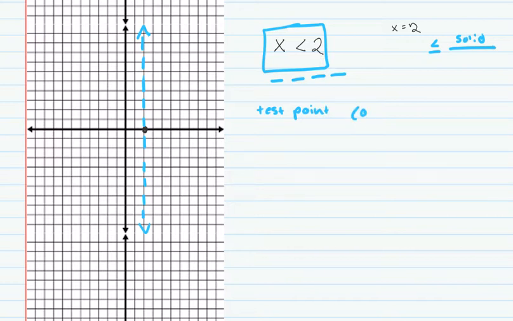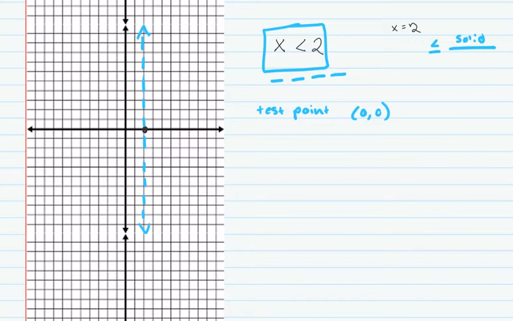Your nicest test point is the origin, 0, 0. However, if your line that you are graphing passes through the origin, you are to pick a different test point. For example, you could pick 1, 1, or 10, 10, or 0, 1, any point on one side of the graph.